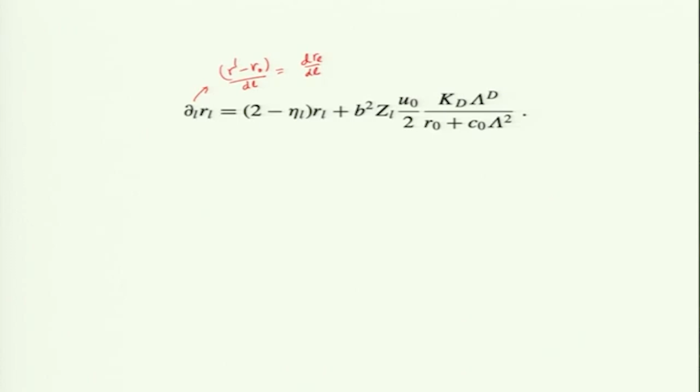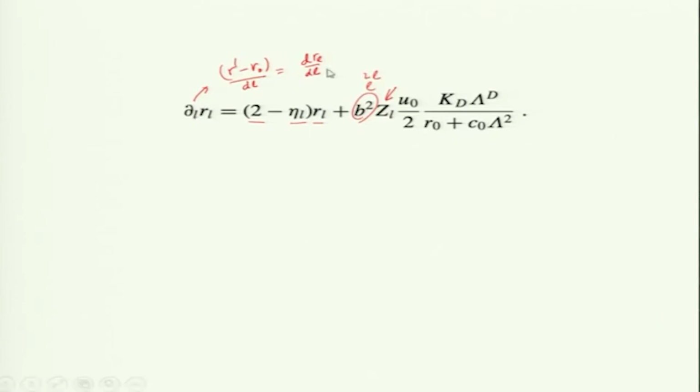Is that clear? This is a differential equation now, and the right hand side will be 2 minus eta(l) and like that. Z(l) is 1 and b is e to the power l, so b squared will be e to the power 2l.